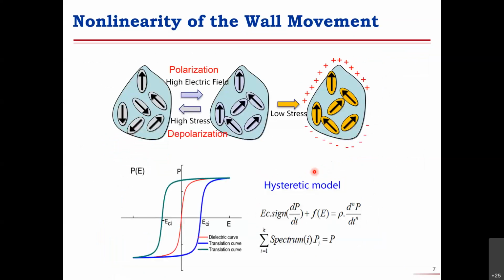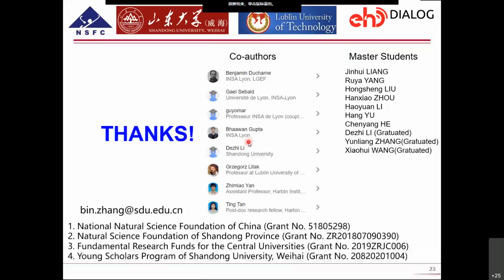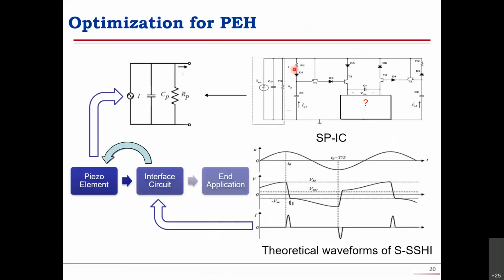But let me show you this circuit. This part is the peak detection of the voltage. Sometimes it can act as a switch, or it will change according to the frequency, but it's not so sensitive.